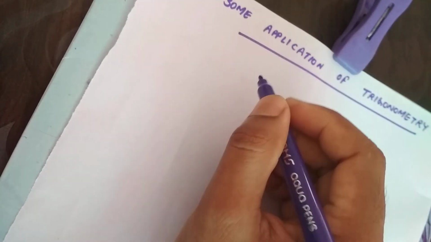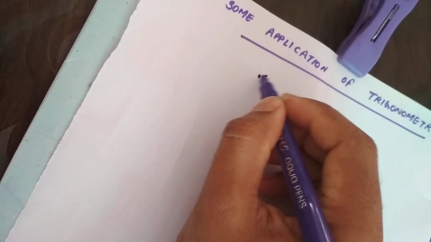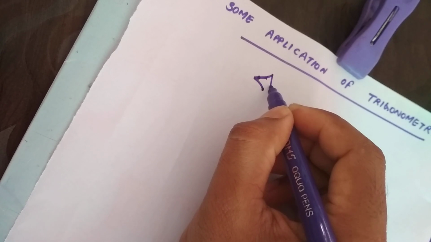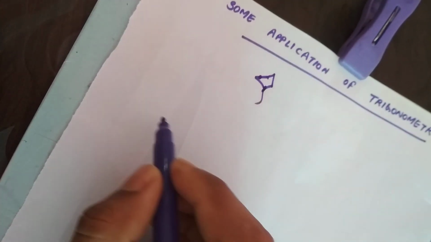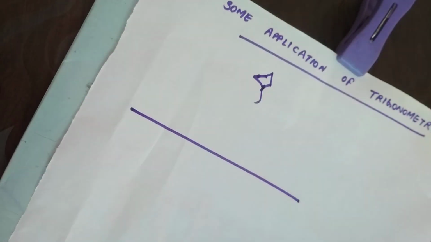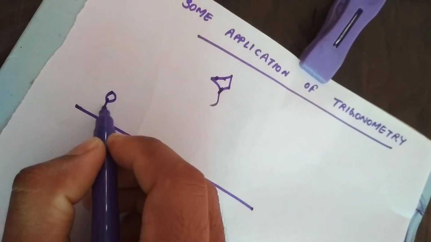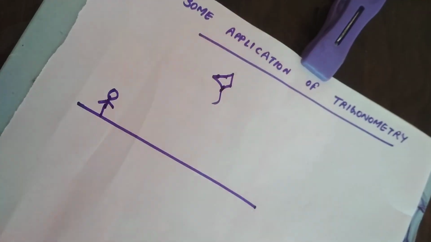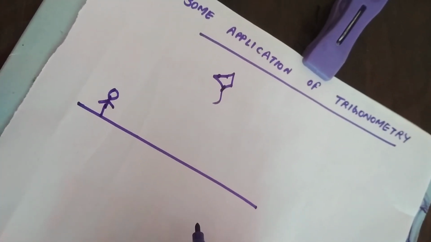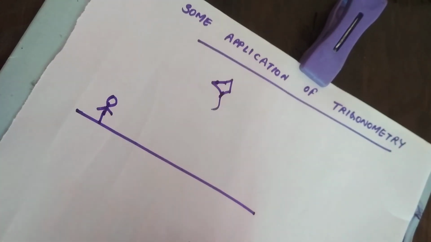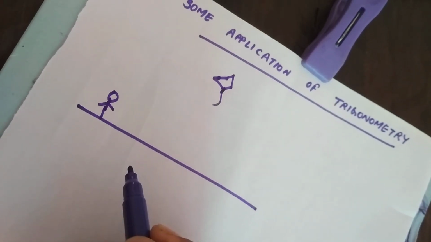So starting with, let's say, a kite. A kite is flying in the sky. Now this is the ground. A person is standing here on the ground and a kite is flying in the sky.